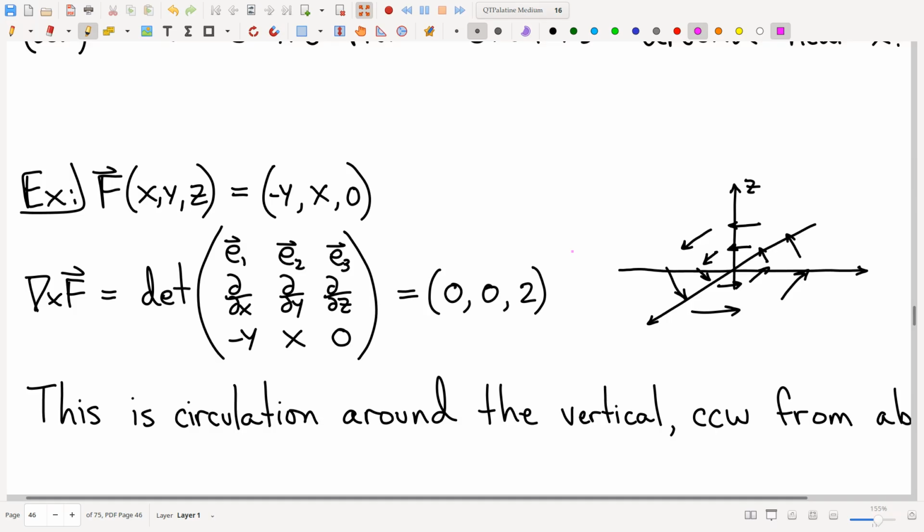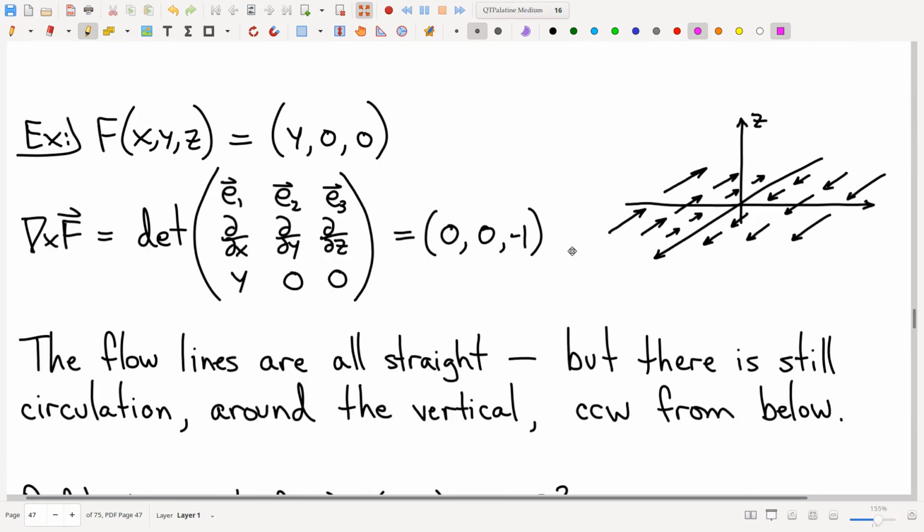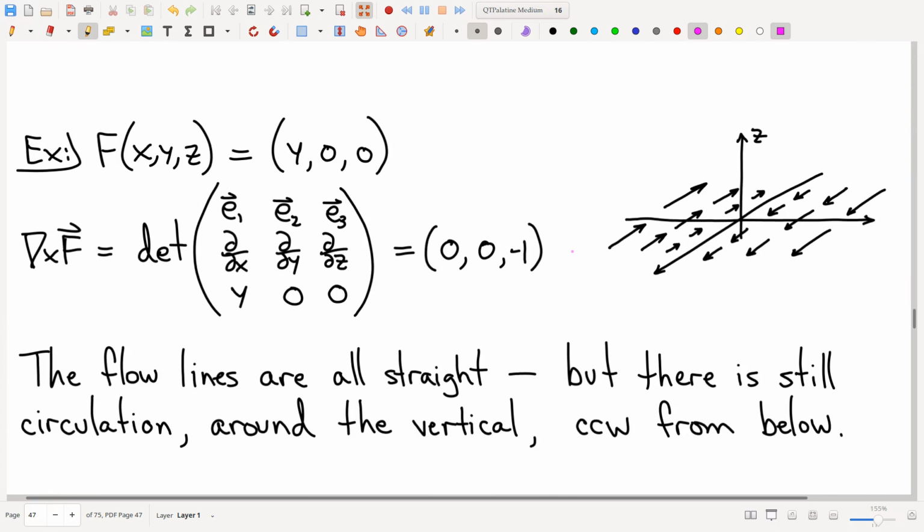And there is a tendency for students to grab onto that fact because it leaps off the page at you, and to think that when we say circulation, we mean curved flow lines, and we don't. That's actually not what circulation is. What circulation is, well, again, it's a definition we're not really quite ready to make, but here's how I think the better way to think about it.